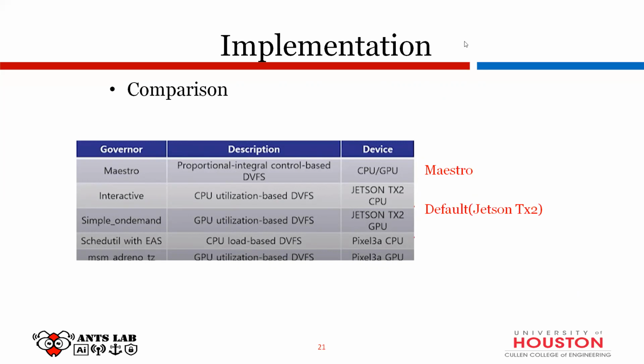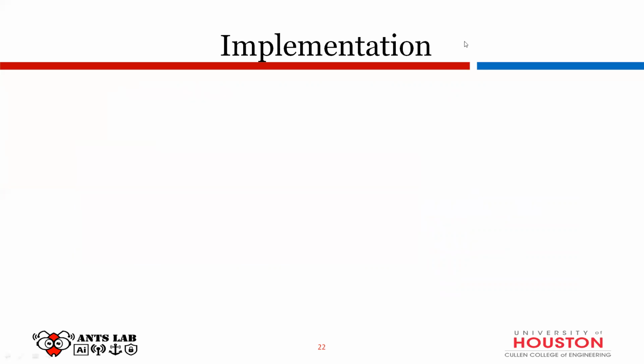These are the default of Jetson TX2. And as you might have guessed, the last two are the default of Pixel 3a. So these are the things we'll be doing a comparison to, and the implementation.